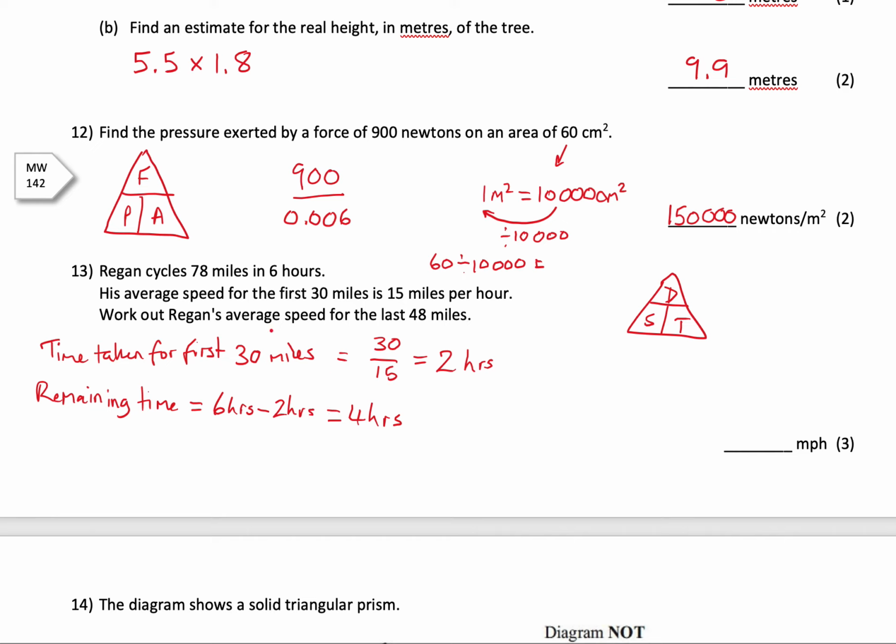Okay, and we know he's covered 48 miles in 4 hours. So 48 divided by 4 gives us 12 miles per hour.